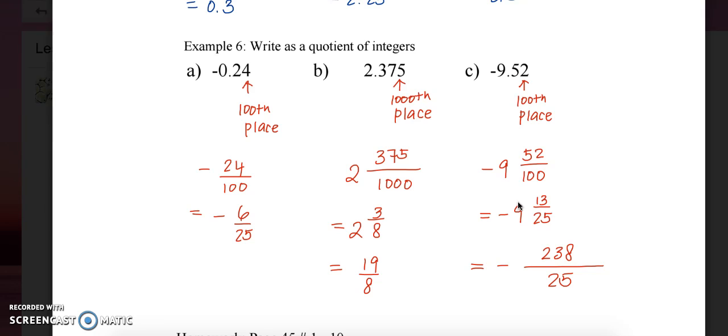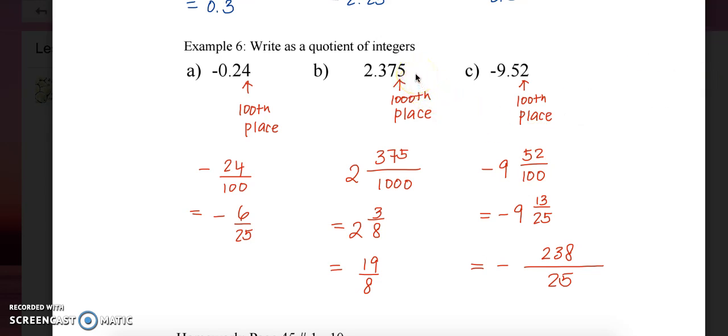So in negative 0.24, your rightmost decimal place is the 100th place. So you can place 24 over 100. And because it's negative, make sure you have a negative sign on the left. And then 24 over 100 can be reduced or simplified. Divide both numbers by 4. You will have 6 over 25.